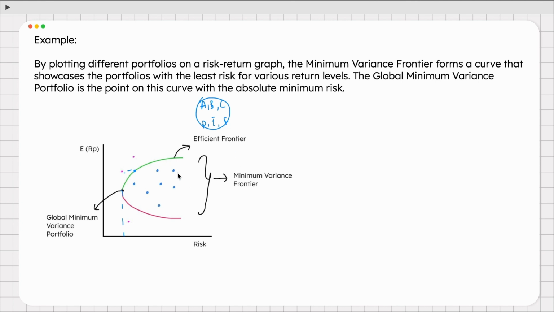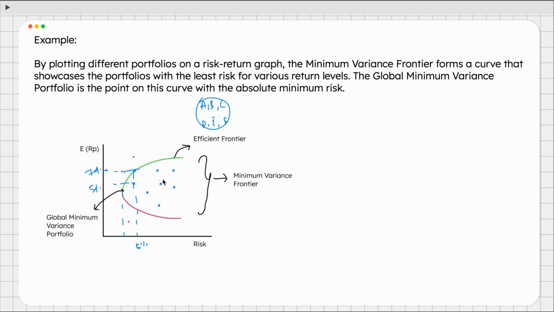And now let's see these blue dots. These blue dots are not efficient portfolios, these are inefficient portfolios, because see, for the same level of risk, for this risk, let's say it's 6%, you have a portfolio that might be giving you 5%, but for the same level of risk on the efficient frontier, you are earning 7%.